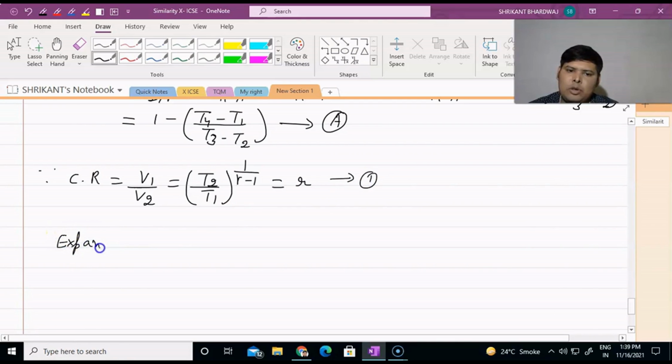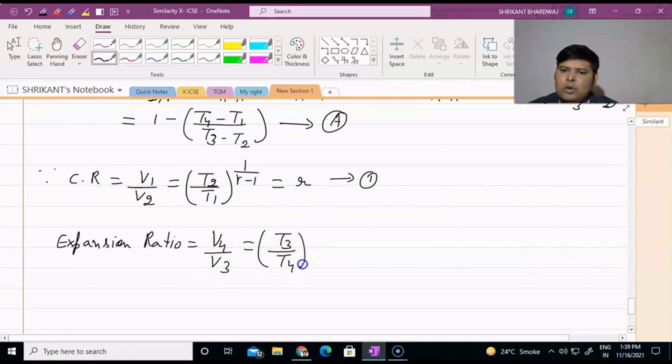Expansion ratio is equal to V4 by V3. So it is T3 by T4 whole raised to the power 1 upon gamma minus 1.